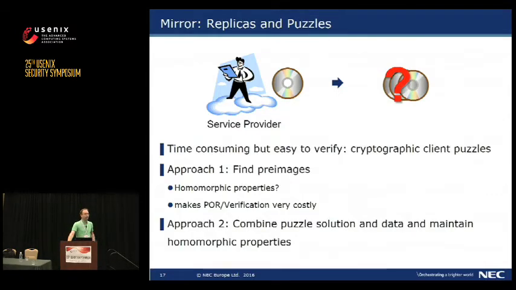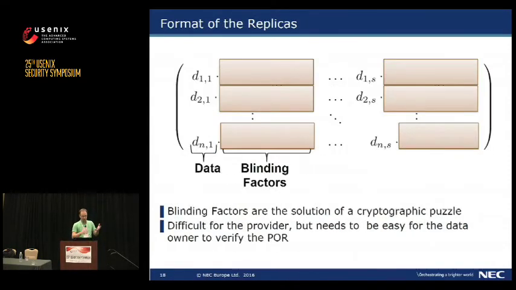There are those RSA-based puzzles. Now they are not related to the data directly, but we can combine them in a homomorphic way so that we keep all those properties. This matrix gives an overview of how we combine it. So we multiply it.